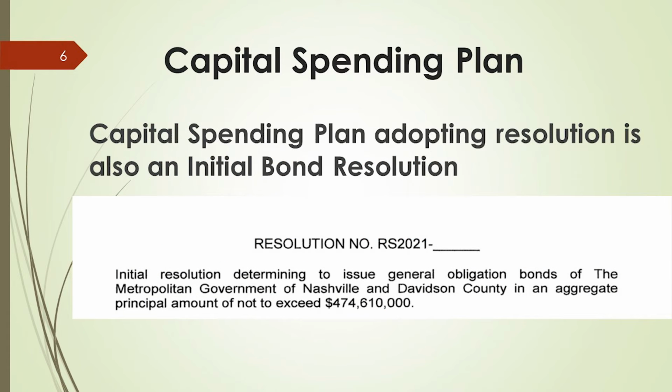Capital spending plan resolutions also have another purpose, which is to meet the requirement of state law to adopt an initial bond resolution. Since projects included for a capital spending will be financed through general obligation bonds, the beginning clause of the adopted resolution reads, "Initial resolution determining to issue general obligation bonds of the metropolitan government of Nashville and Davidson County."